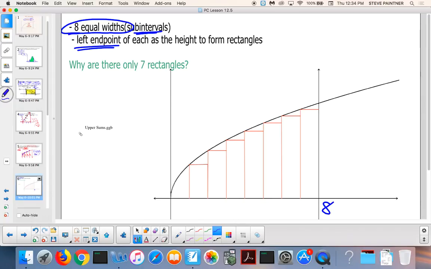Now, if I'm going to do 8 subintervals, what's the width of each rectangle? 1, 2, 3, 4, 5, 6, 7, 8. Now your job is to do a left endpoint. So pick the number on the left. Between 0 and 1, what's the number? 0.